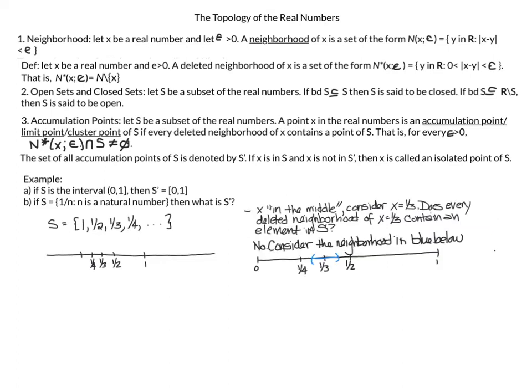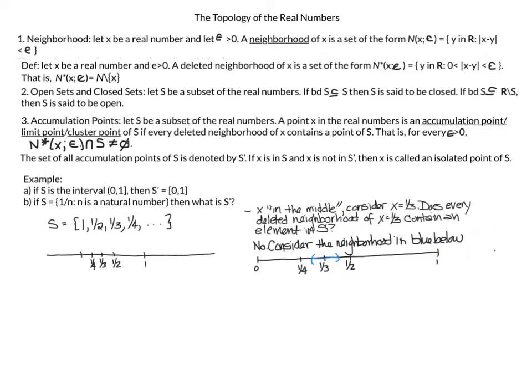And the answer is no, because I blew up this picture here. If I have 1/3, I can take a neighborhood that doesn't hit 1/4 and doesn't hit 1/2, so right in the middle, a small enough neighborhood. And when we consider the deleted neighborhood, so when we take out x equals 1/3, there are no elements of S in this neighborhood.